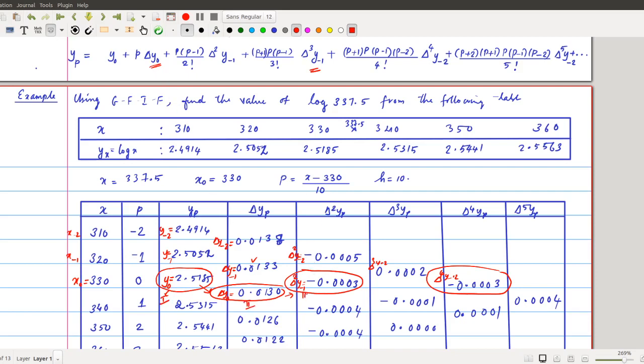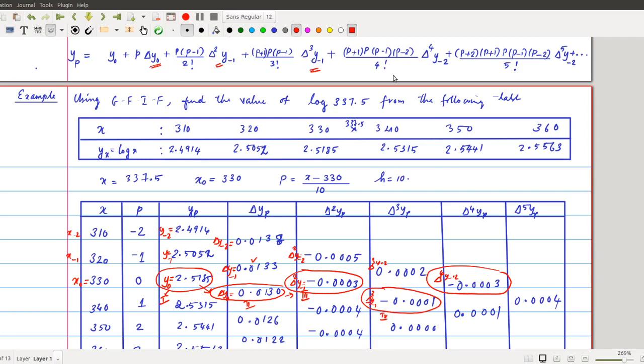For the third term we will collect delta square y minus 1 and delta cube y minus 1. We need to collect this also.